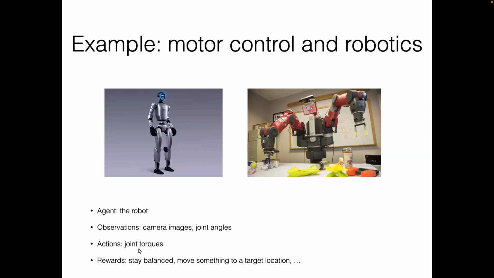The actions could also be a variety of things. For instance, let's say you want to control the specific joints in the robot. And then your rewards can be a variety of things as well, based on the task. You could want the robot to stay balanced. You could want it to move something to a target location, things like that.